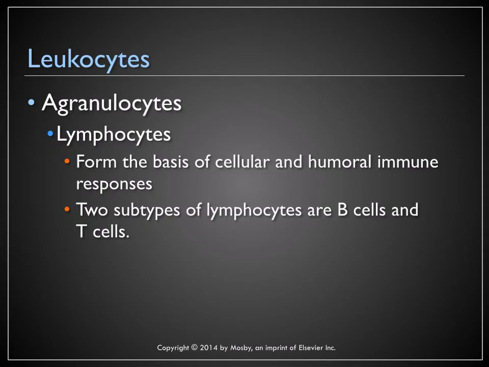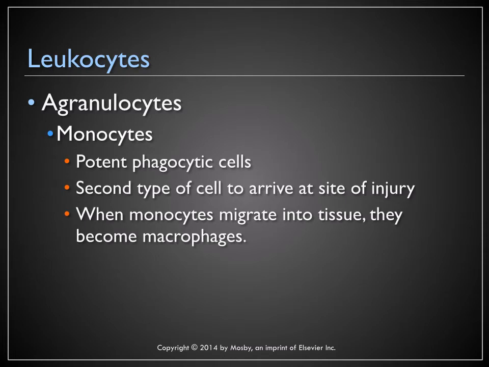Now we are talking about the type of leukocytes which are agranulocytes, and within agranulocytes we have two kinds, lymphocytes and monocytes. So let's talk about the lymphocytes. They form the basis of cellular and humoral immune responses, and two subtypes of lymphocytes are B cells and T cells.